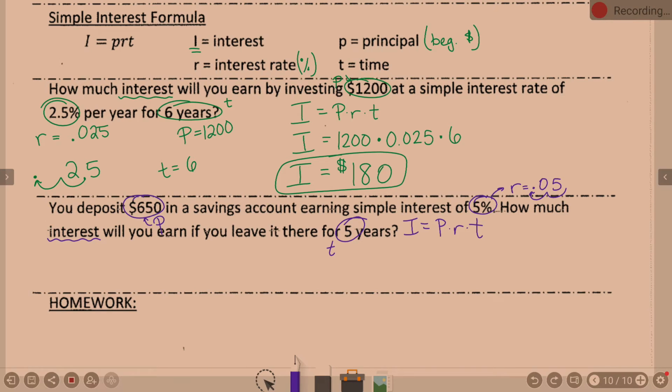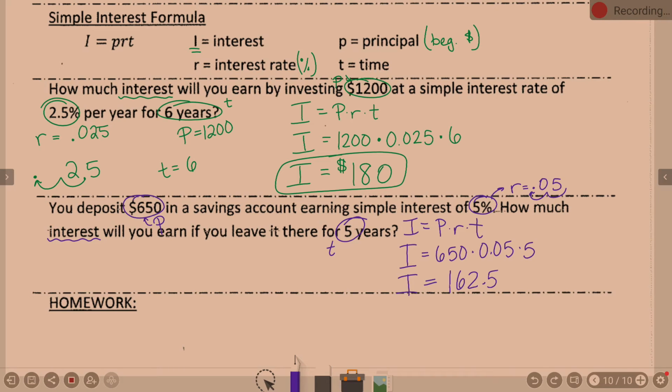Then how much will you earn if you leave it there for 5 years? Years is time. So you're multiplying your 3 numbers: 650 times 0.05 times 5. What did you get? 162.5.